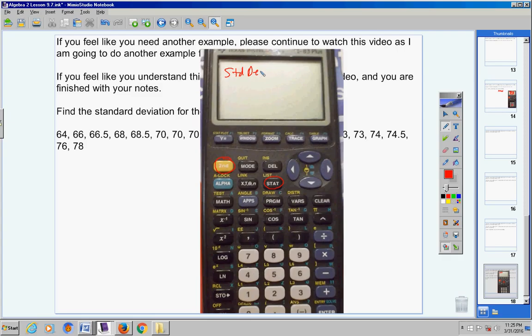And then for me it's list number 1, so I'm going to hit second 1 for list 1.